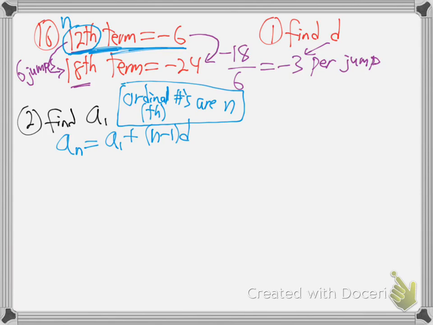I'm going to just do the 12. So plug in the 12 for N, and you'll have A sub 12 is A1 plus 12 minus 1 times d. And what's d? Negative 3, I already found. Wait, it'd be 11 times negative 3. And what is A sub 12?